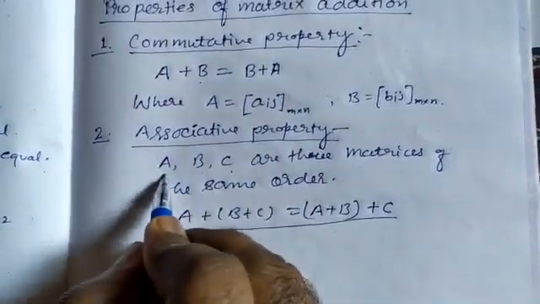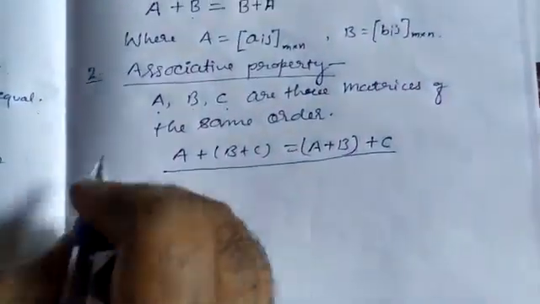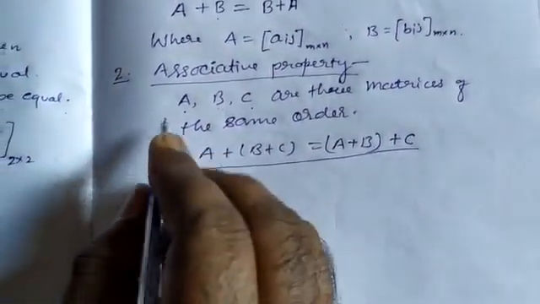Means the order of A will be equal to the order of B and order of C, all are equal. This property is called the associative property.